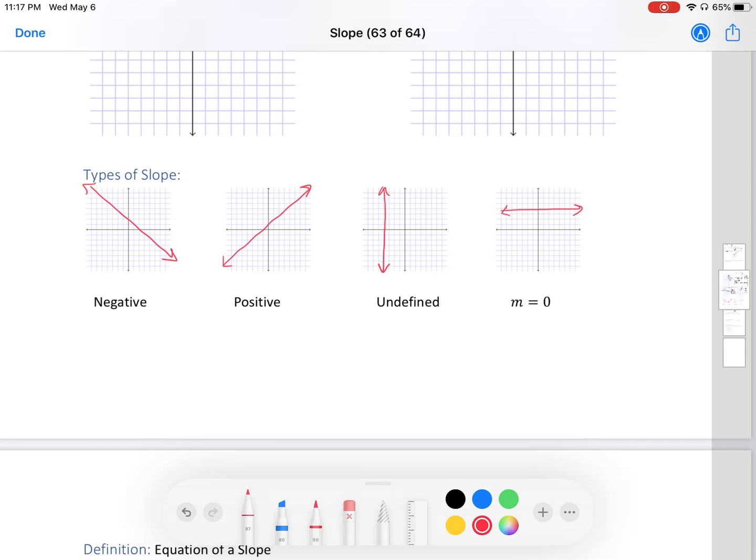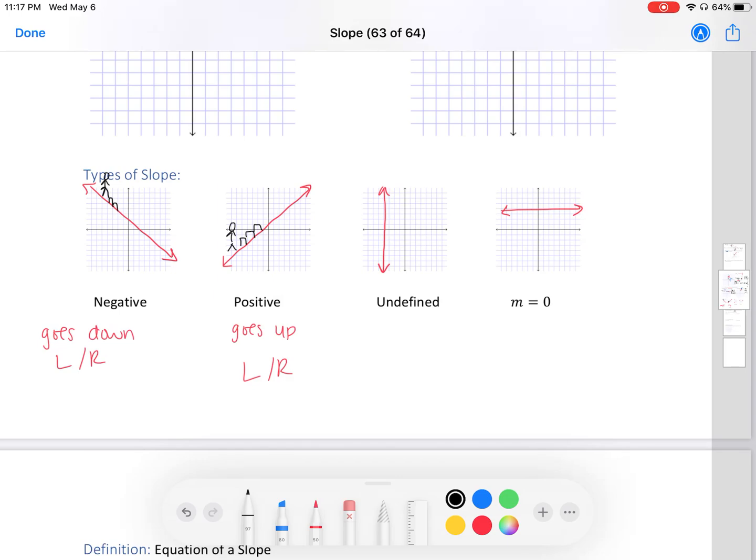So a negative slope goes down from left to right. A positive slope goes up from left to right. And if you're unsure, I always think of a person walking down the stairs, or up the stairs. That's what a slope is.